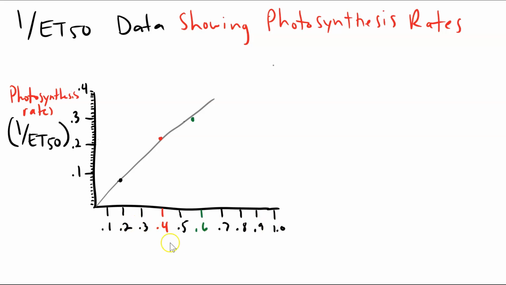Again, down here, and I forgot to label that, it's sodium bicarbonate solution concentration. Our control is this 0.2 value, which we said previously was 0.18. And 0.4's value is right there, 0.6 value is right there. So we show that slope as a positive slope, with the rate of photosynthesis increasing as you increase sodium bicarbonate concentration.